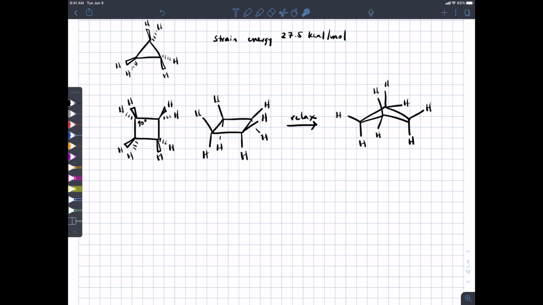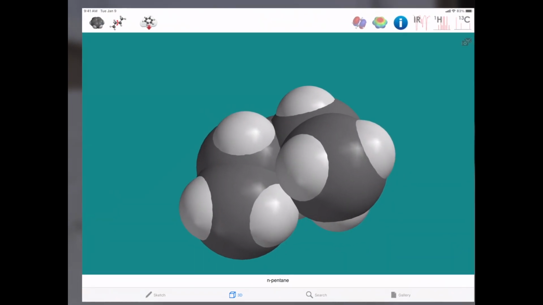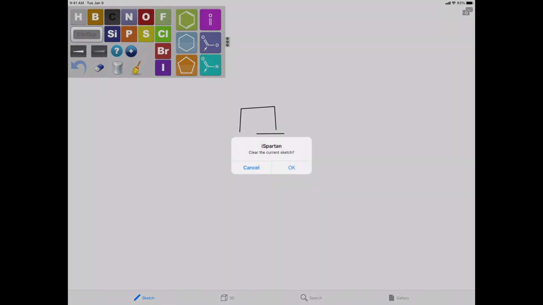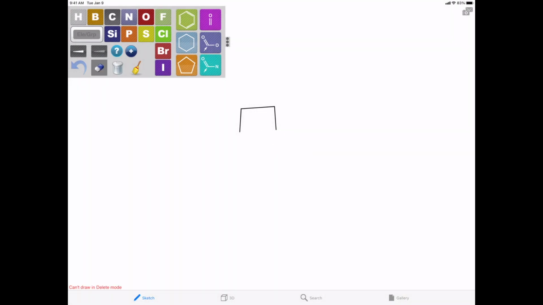distorting its conformation. So we can maybe draw cyclobutane and see what Spartan comes up with. I haven't done this actually, so I'm not sure what it's going to tell us. Just try. This doesn't do any calculations, it just accesses a database that has previously performed calculations.